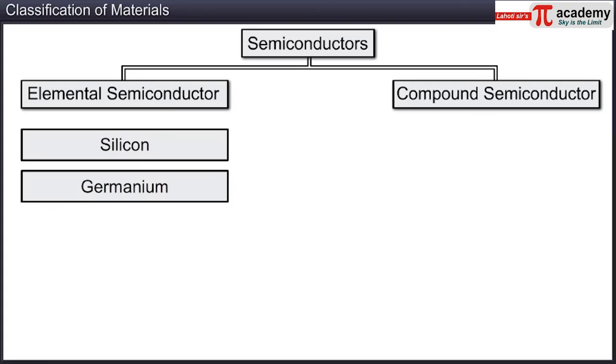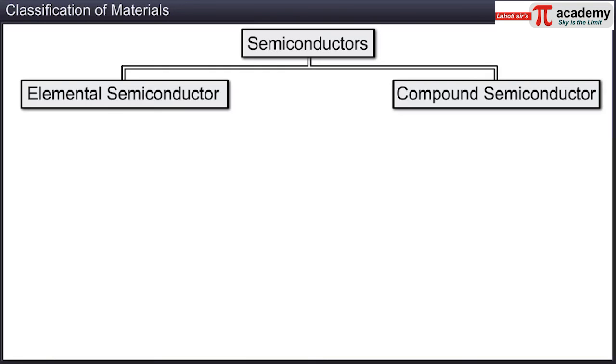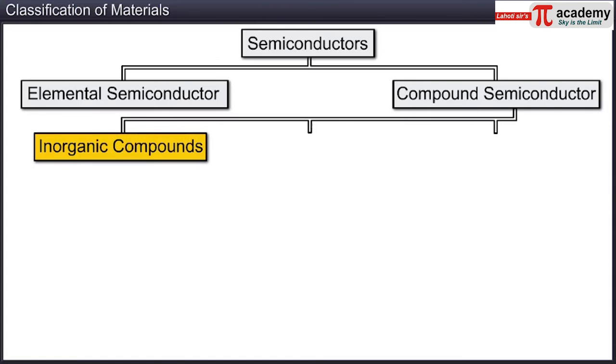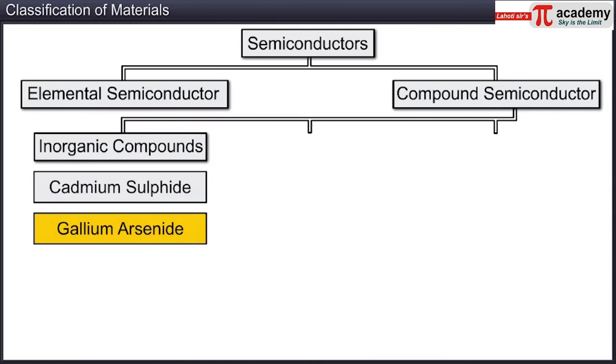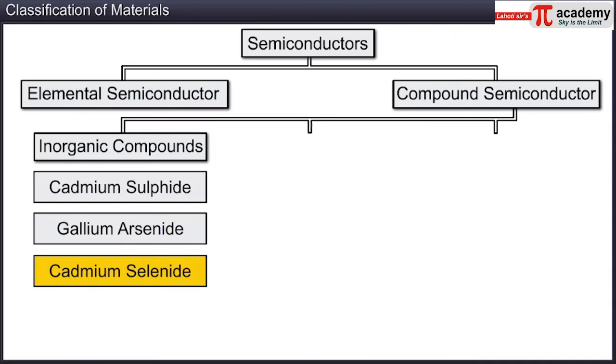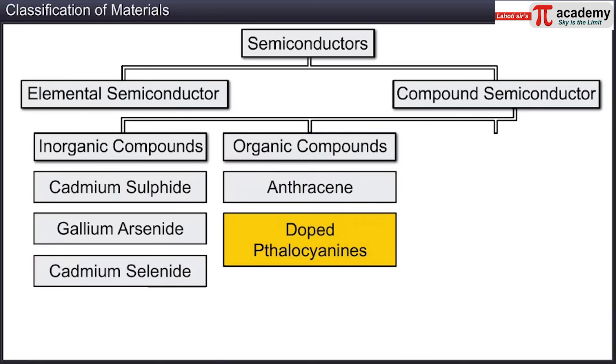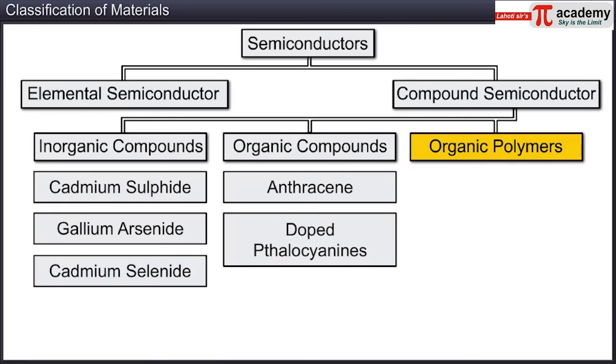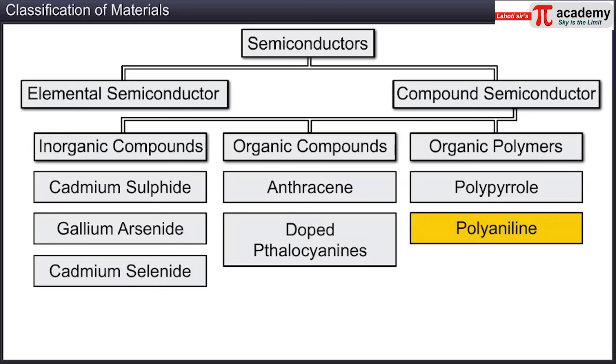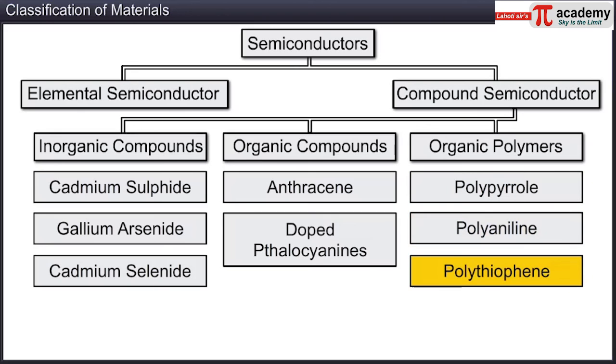They are synthesized using elements from groups 2 through 6 of the periodic table. Compound semiconductors may be further divided into different types, such as inorganic compounds like cadmium sulfide, gallium arsenide, cadmium selenide, etc., and organic compounds like anthracene, doped phthalocyanine, etc., and organic polymers like polypyrrole, polyaniline, polythiophene, etc.